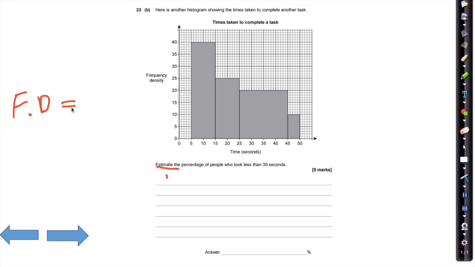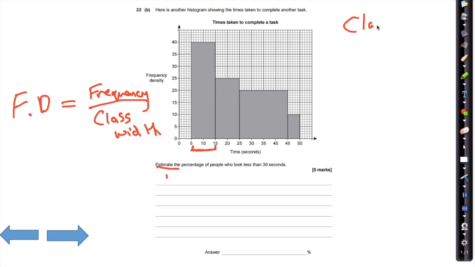So frequency density, FD, is going to be our frequency, so the number of people that took in between this time, divided by the class width. And remember, when we say class width, we're talking about this distance here. So our first class is this group. Another way of really thinking about a class is to think of it as a group. So our group width or class width here is 10.